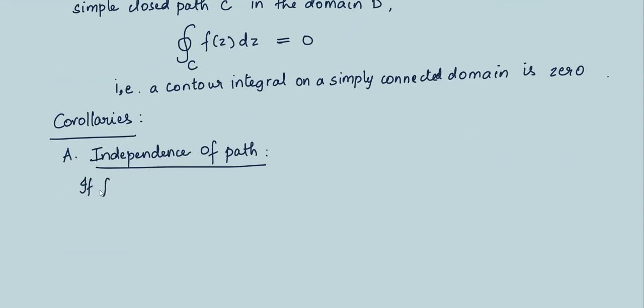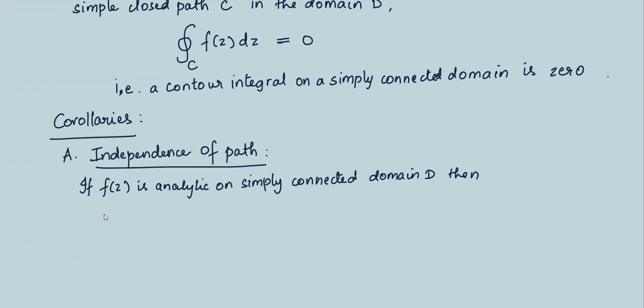So if f of z is analytic on a simply connected domain D, then the contour integral, integral C f of z dz, is path independent. All will be zeros only.